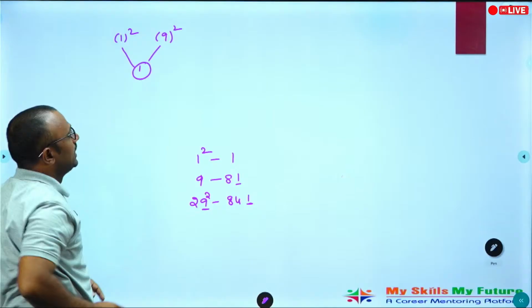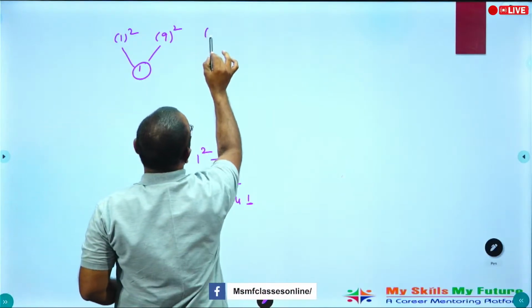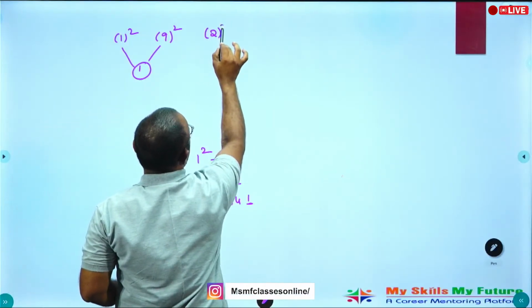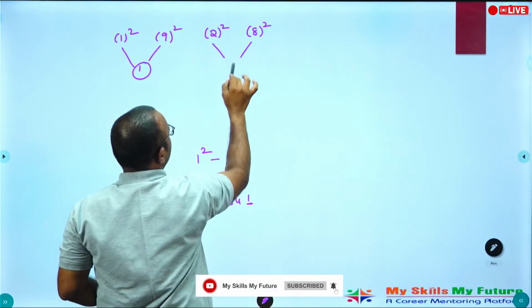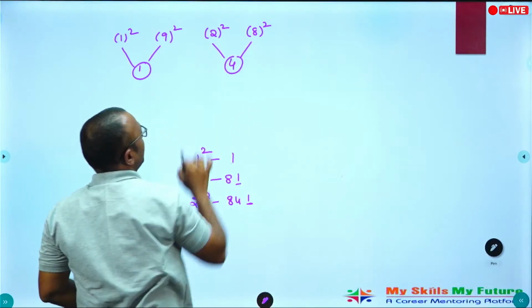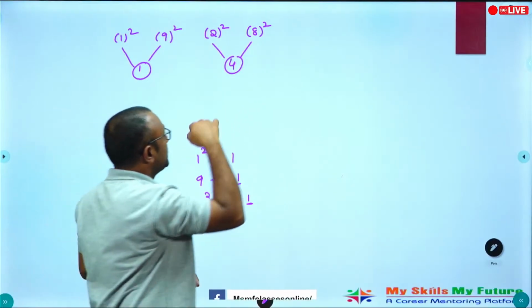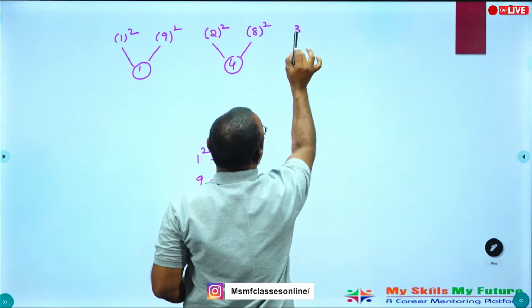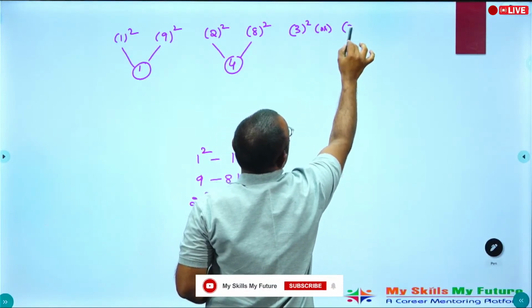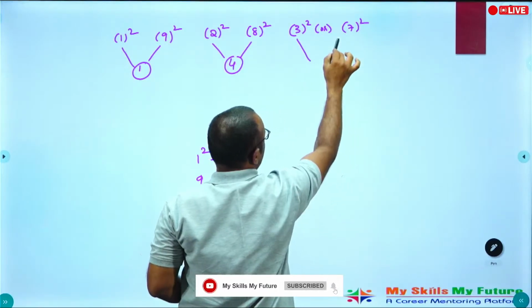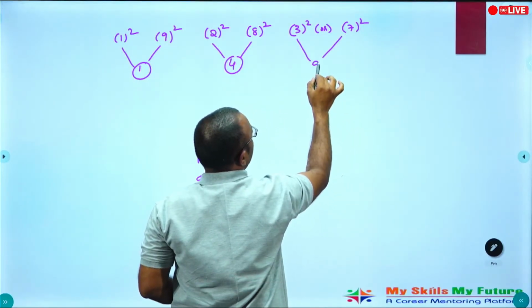Next, if the unit digit of a number is 2 or 8, then the square of that number ends with 4. If the unit digit of a number is 3 or 7, then the square of that number ends with 9.